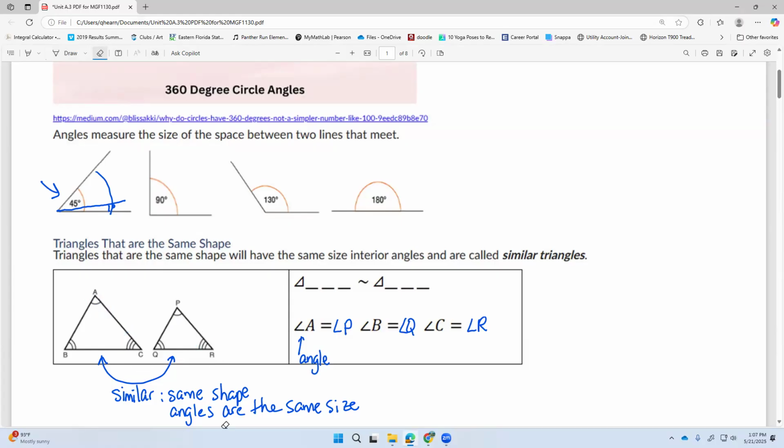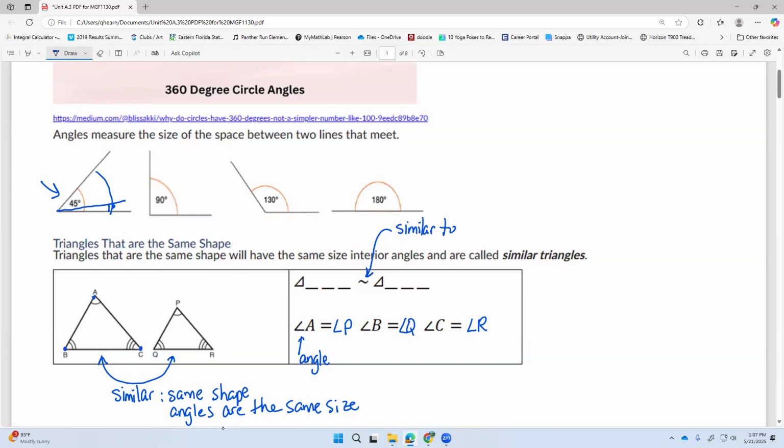All right, now a new symbol that we're going to work with is this little tilde symbol, a little squiggle, and this means that one triangle is similar to another. Now, the way we name triangles is using the three letters that are at their vertices.